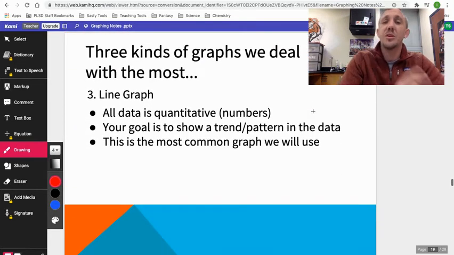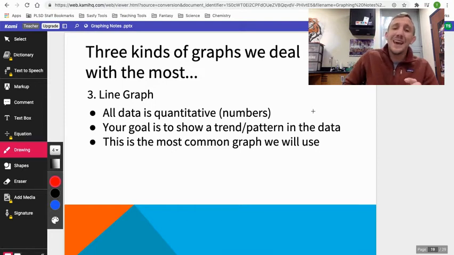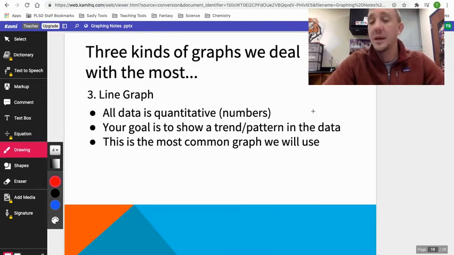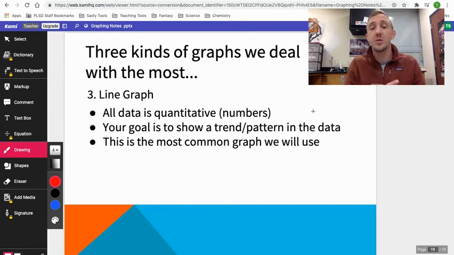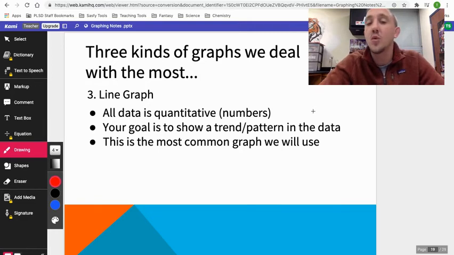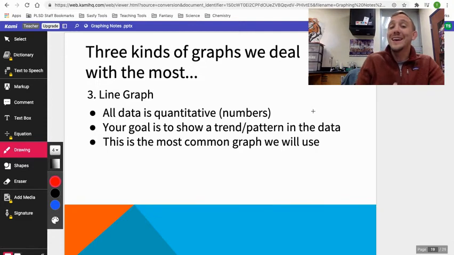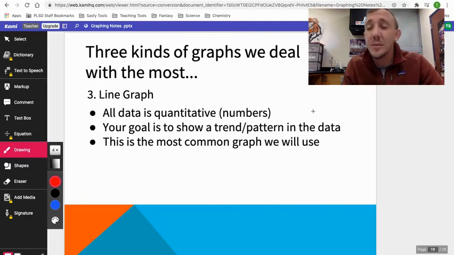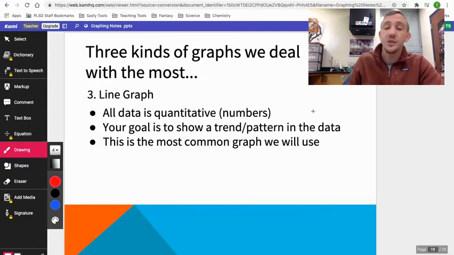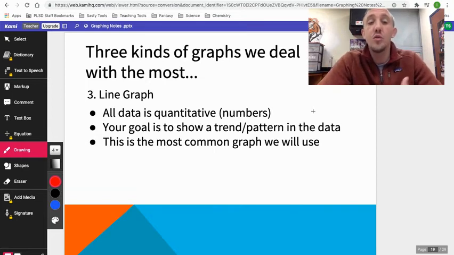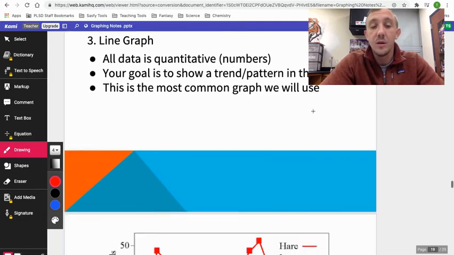Now, my third type of graph is going to be a line graph, and part 2 of this video is going to be how to draw a line graph. A line graph is when we have all data that is quantitative numbers. So your goal is to show a trend and pattern in that data, and this is going to be the most common graph that we're going to use in this class, just because we're going to be using 2 quantitative variables.